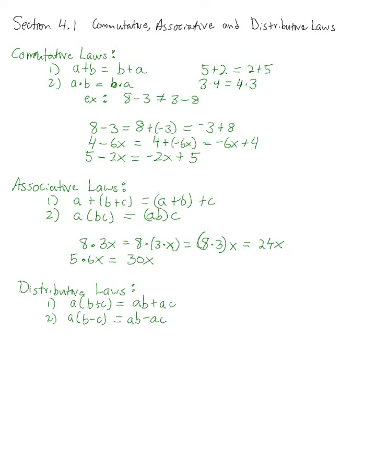And these really make sense when you do them with letters. They don't make much sense with just numbers. Let's say we had 5 times 2x minus 3. Well, what the distributive property tells me is that I can take that 5 and distribute it and multiply by each one. So I could write this as 5 times 2x minus 5 times 3. I get to just multiply each term. That becomes 10x minus 15.